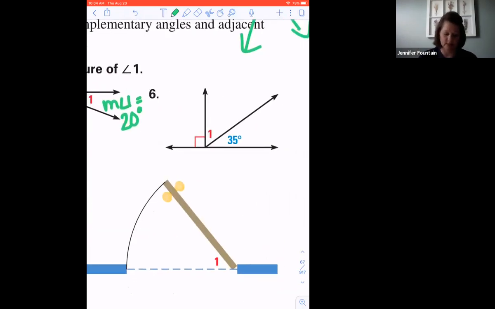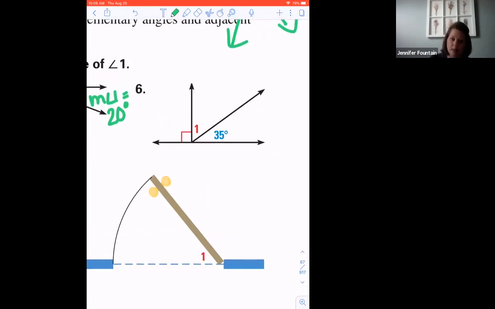Number 6. Okay, this is going to be a little tricky here because look at what we've got. I know that if this is a right angle here, then that means this is a right angle here. What does a right angle equal? 90 degrees, right? So first I've got to find this here.